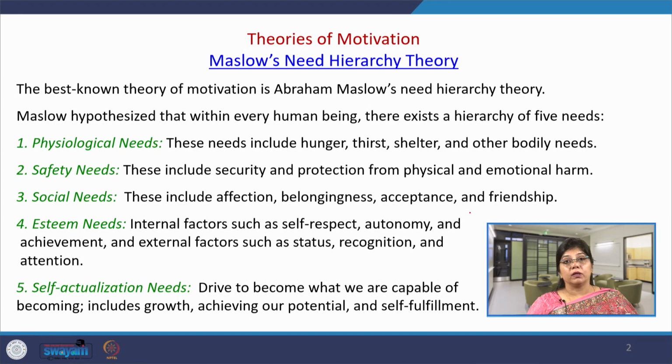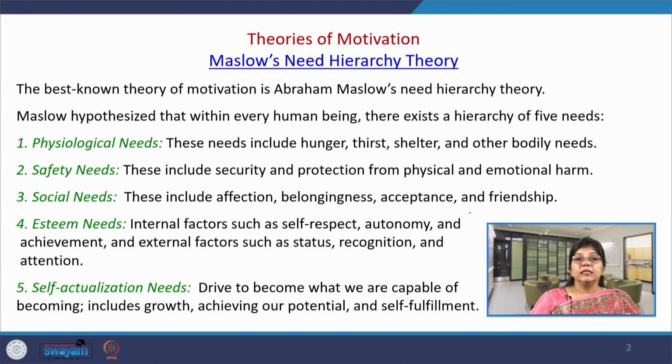Whatever need deficiency an individual experiences, there is an action orientation to satisfy it. The only point, according to Maslow, is that those needs are classified in a hierarchy.